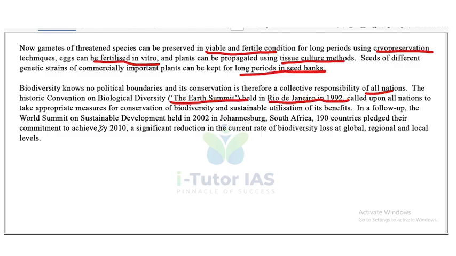In a follow-up, the World Summit on Sustainable Development held in 2002 in Johannesburg, South Africa, 190 countries pledged their commitment to take active involvement to achieve by 2010 a significant reduction in the current rate of biodiversity loss at global, regional, and local levels.